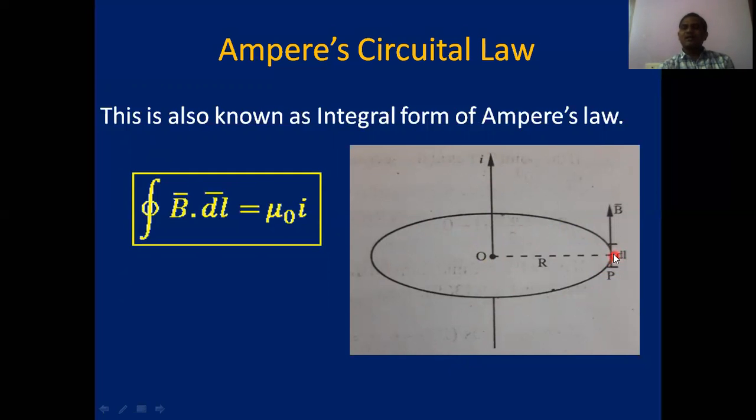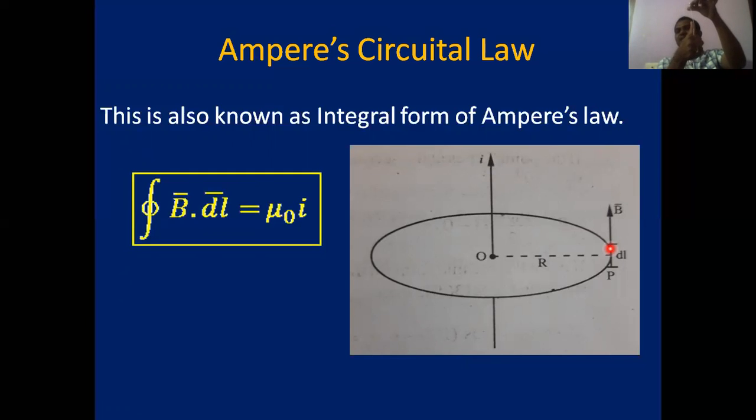The small length element dl bar direction is along the tangent line direction, so dl bar direction is like this. And also we know the direction of magnetic lines of force around the current carrying conductor. For that we use the Ampere right hand thumb rule. Since in the figure the current is flowing in the upward direction, you hold this conductor with the right hand.